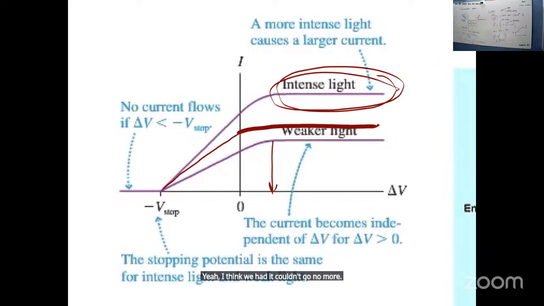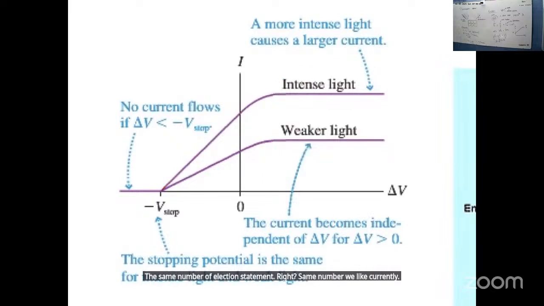Right, so while the voltage is increasing, the same number of electrons are leaving. So two things are important there. The stopping potential is the same regardless of the intensity, and the higher the intensity, the more photoelectrons leaving. Okay, Sarah?